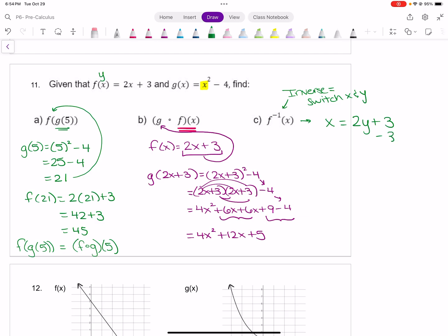Solving for y, I'm going to subtract the 3. I get x minus 3 equals 2y. Divide by 2. So I get y equals (x minus 3) all over 2. Or you can use the inverse notation there, f inverse of x equals (x minus 3) all over 2.